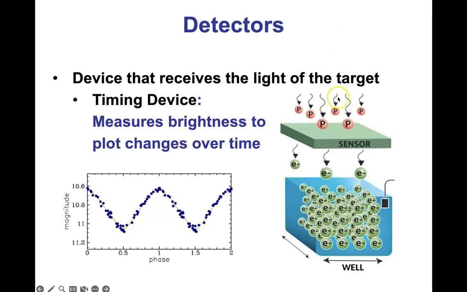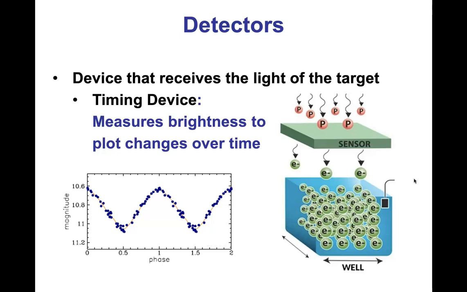Because photons go in, electrons go out, and instead of taking a photograph, the computer reads off those electrons from the CCD, and it just counts how many electrons did I count? What's the brightness? And the computer can do that really fast, right?